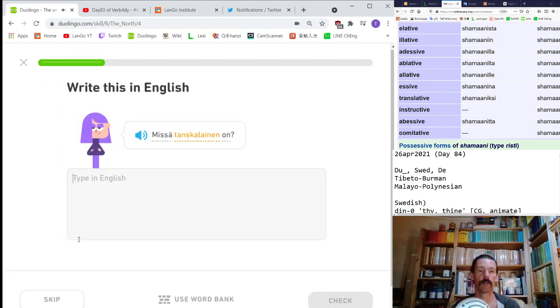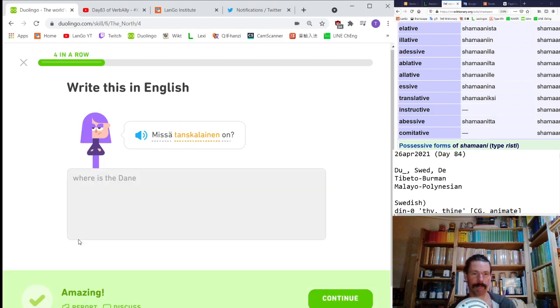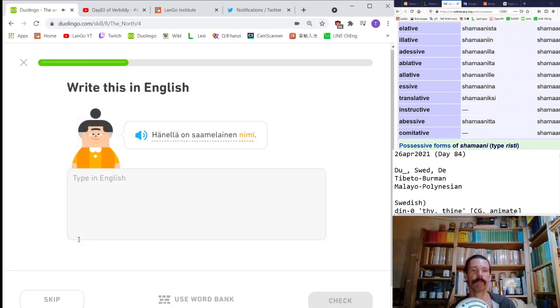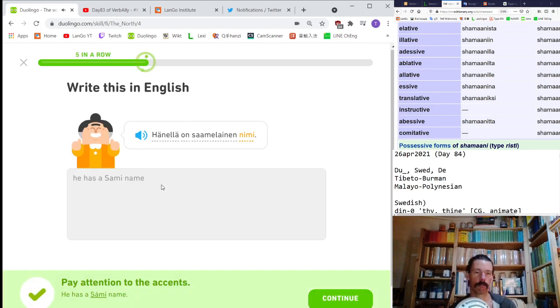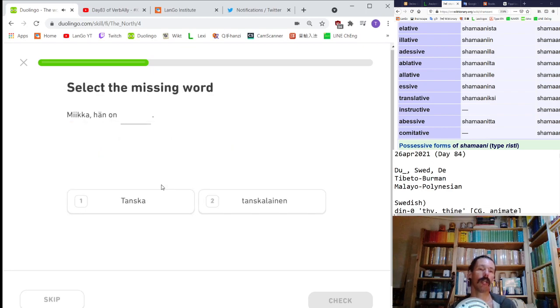Missä tanskalainen on? Where is the Danish person? The Dane. Hänellä on saamelainen nimi. Hänellä, in his possession is a Sami something. Nimi. He has a Sami name. Mika. Hän on tanskalainen. He's Danish.